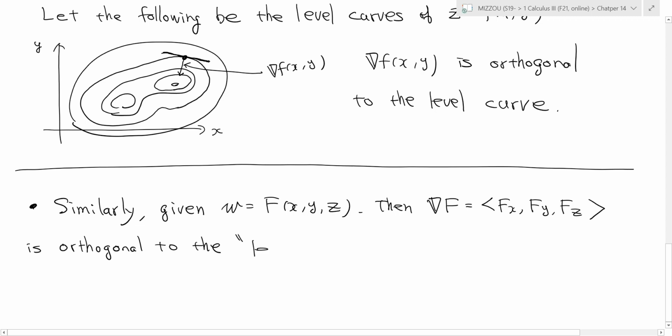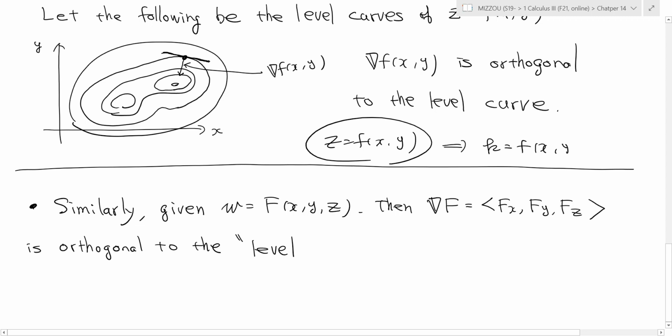Well, it's not going to be a curve anymore, because level curve is for z is equal to f of x, y. For this, fix z is equal to k, let's say, and then you get the level curve at the elevation k. That's the idea of level curve. Now we have a function of 3 variables. So in this case, it's not a curve anymore, but actually it's a surface.